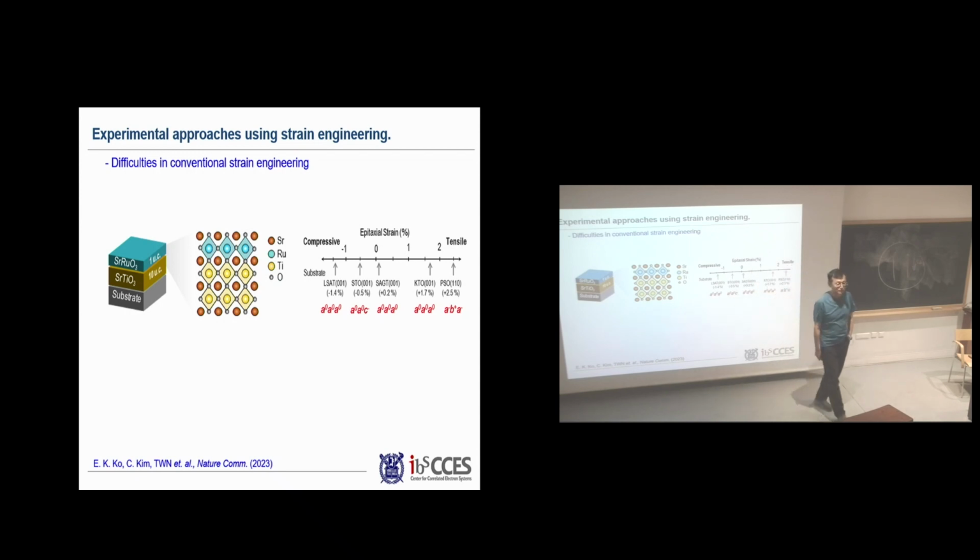So if you grow the thin film on top of it without this STO layer, the actual structure in here is different. Depending on the substrate, they will have a different tilting angle. So in order to overcome that, we grow 10 units of STO in the middle. This inserted layer will guarantee that this will have nearly the same symmetry.